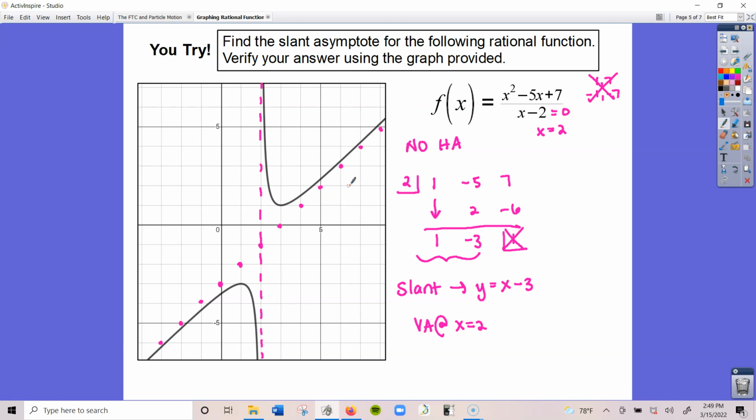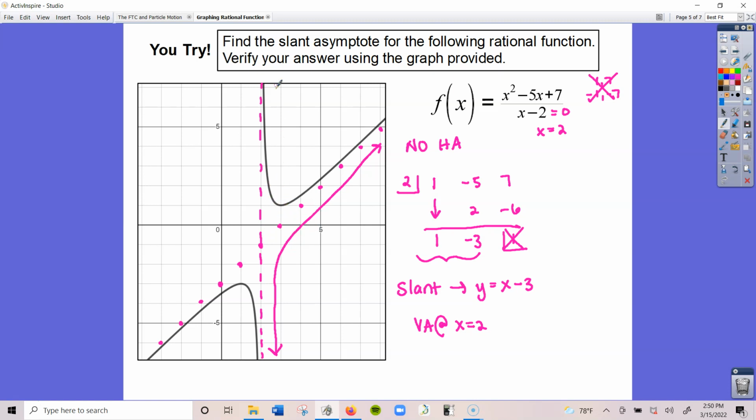Now, just as a side note, we can see here that the function is within those pockets between the vertical and the slant. However, we don't necessarily know if it's going to be in here, or it could also be out here, outside of the asymptotes. How we would tell is we would still create our table of values and plot a number to the left and to the right of the vertical, and then see where it lands.